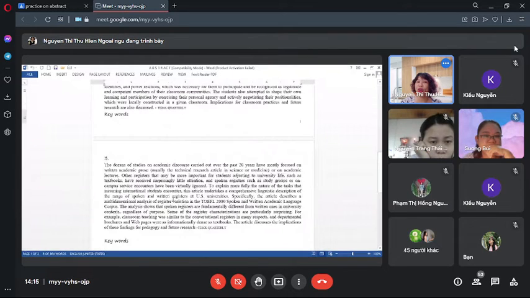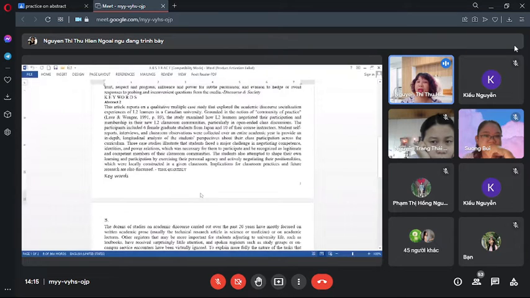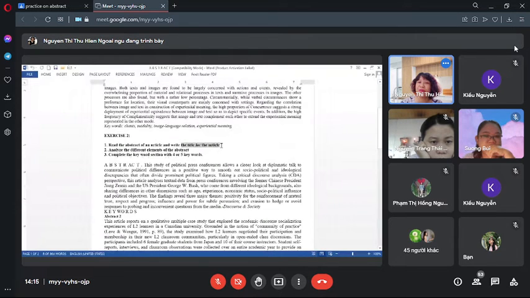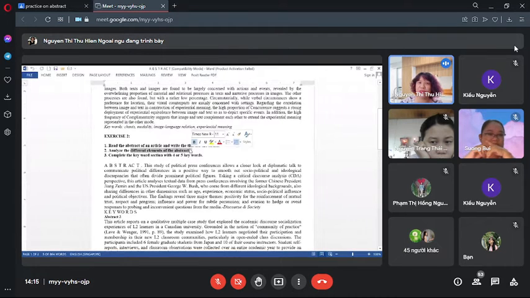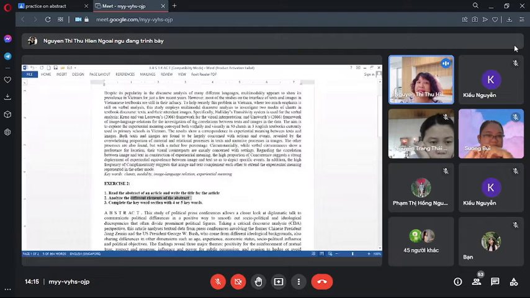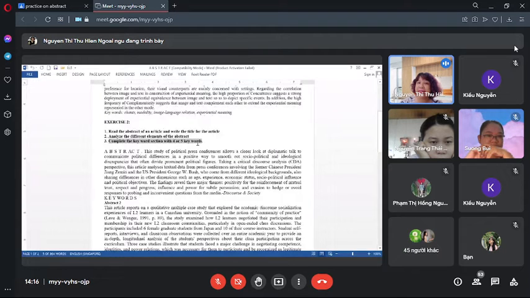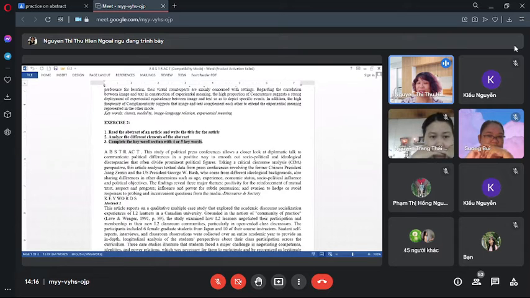Your task, besides the first 2 requirements that are quite similar to the first exercise, is to write 4 or 5 keywords, the ones that you recognize during your reading. That is about the exercise that you have to finish, to make sure you know how to write the abstract.